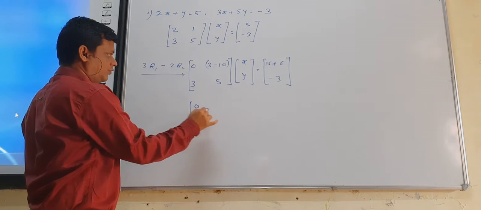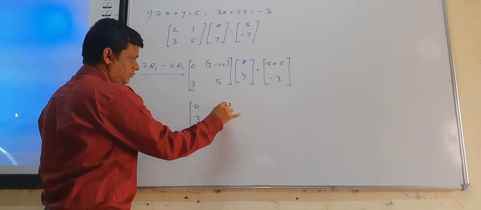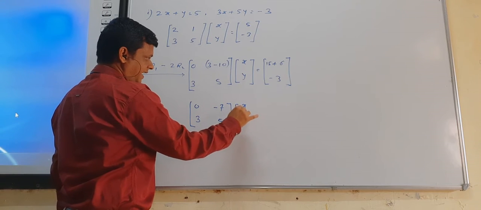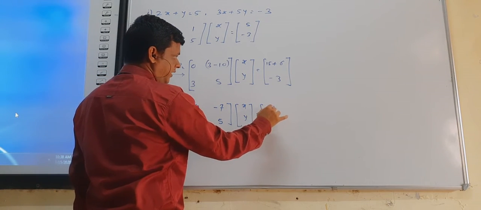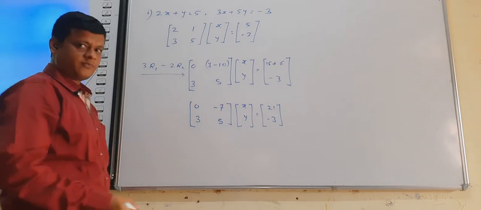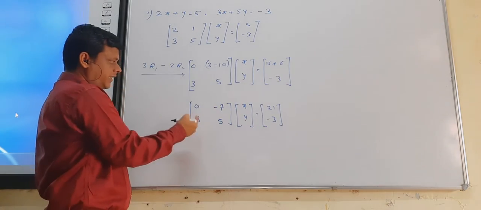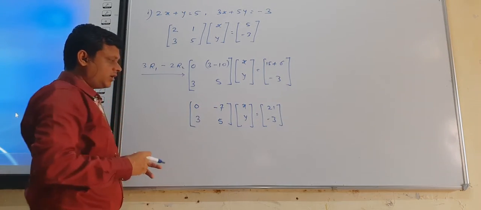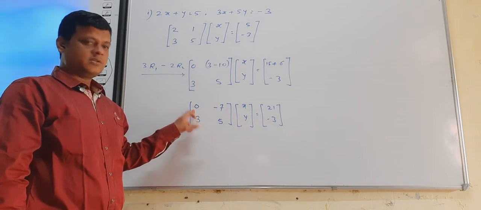So we get 0, minus 7, 3, 5, x, y, equals 21, minus 3. If you observe, if we consider this diagonal, then the element above this diagonal is 0. So this is a lower triangular matrix.